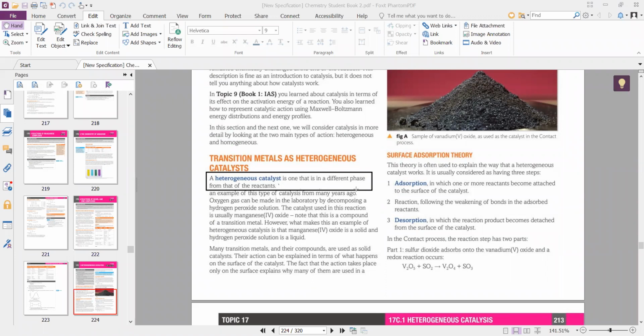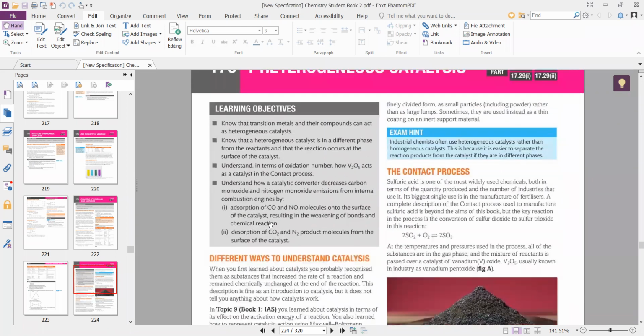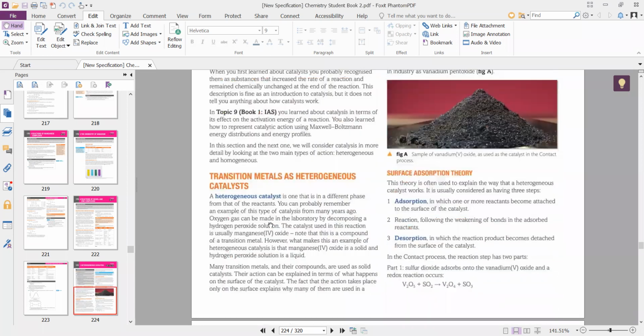In decomposition of hydrogen peroxide. Hydrogen peroxide will decompose into water plus oxygen. This reaction will speed up by addition of manganese(IV) oxide.